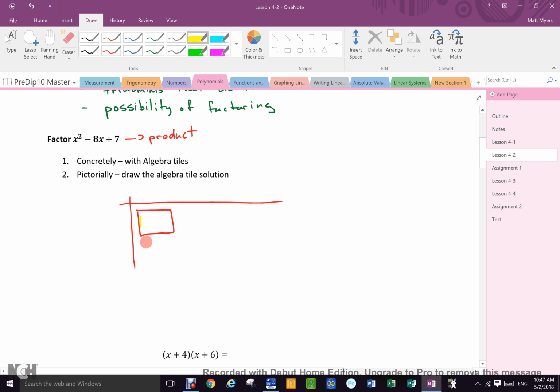So if I can't go here, I can't go here, I can't go here, where's the only place left for me to go? Diagonally. That makes a rectangle. That's the only other direction.